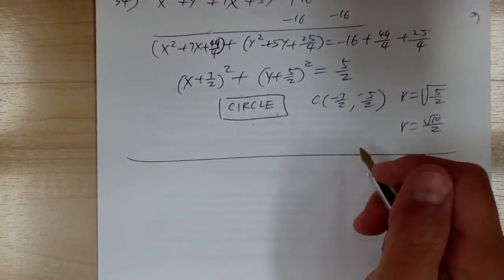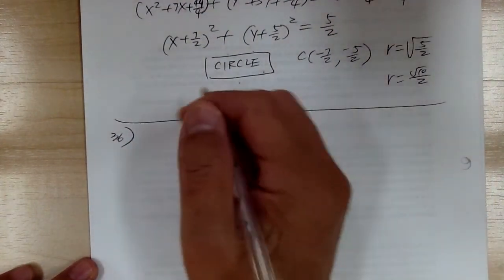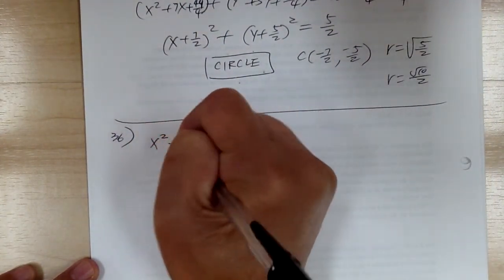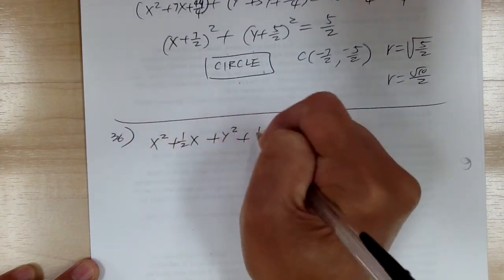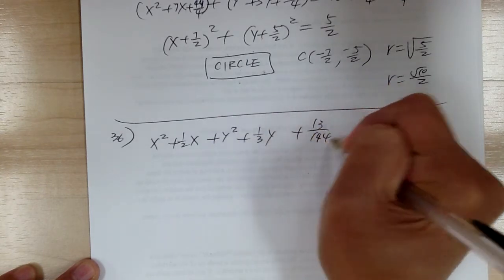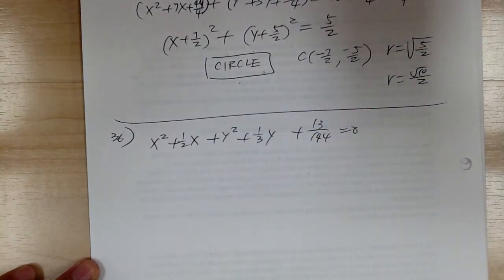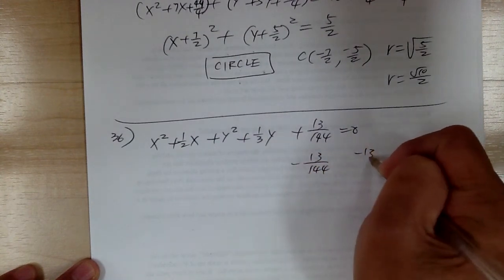Okay, number 36. You have x squared plus 1/2 x plus y squared plus 1/3 y plus 13 over 144 equal to 0. So first, minus 13 over 144 on both sides.